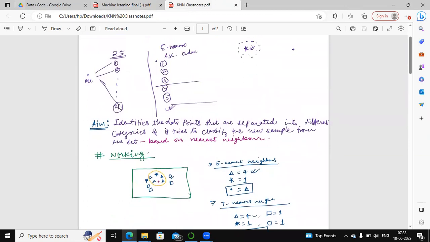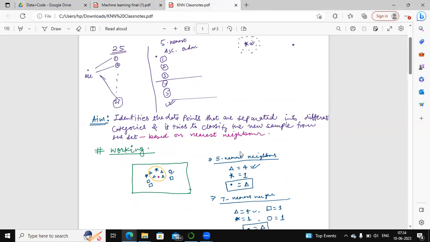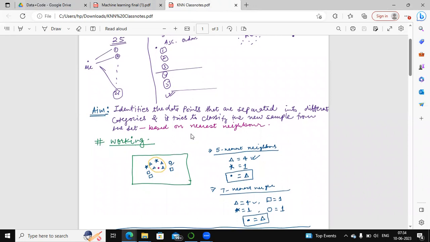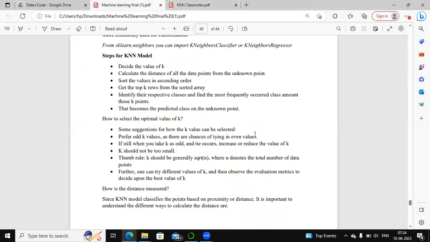Then k should be the square root of 25, that is 5. So 5 is the optimal value of k here. Similarly, if you have 16 points, you can go with square root of 16, which is 4. But k can vary depending on the kind of classes you are dealing with, and your k value should not be too small.